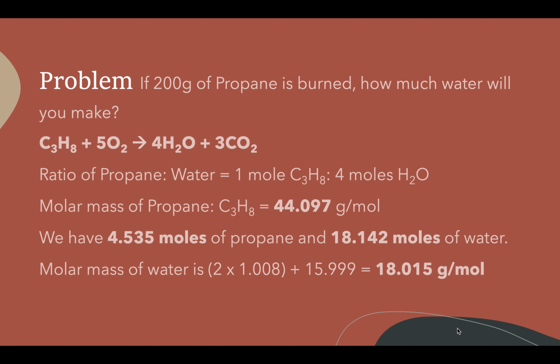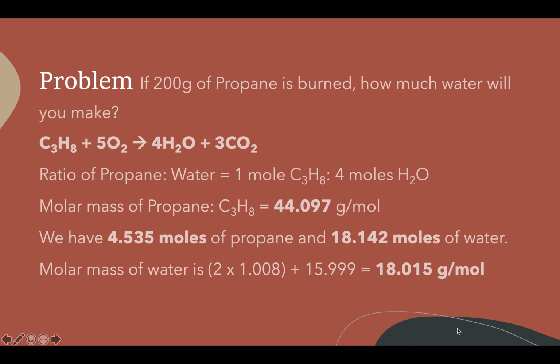Now the ratio we just said is 1 to 4. So if you have 4.535 moles of propane, you'll be making 4 times that amount in moles of water. Your quantity will be 4 times higher. The molar mass of water itself is 18.015 grams per mole.